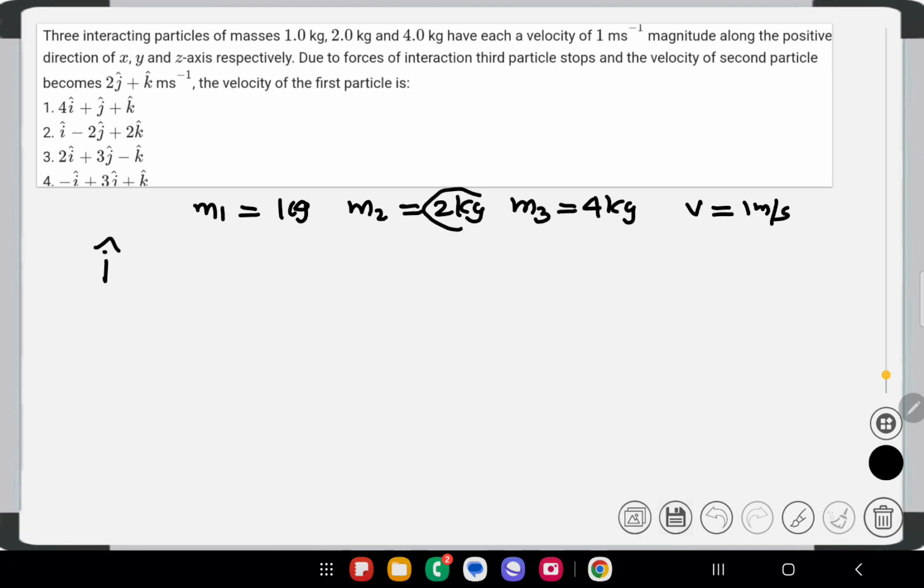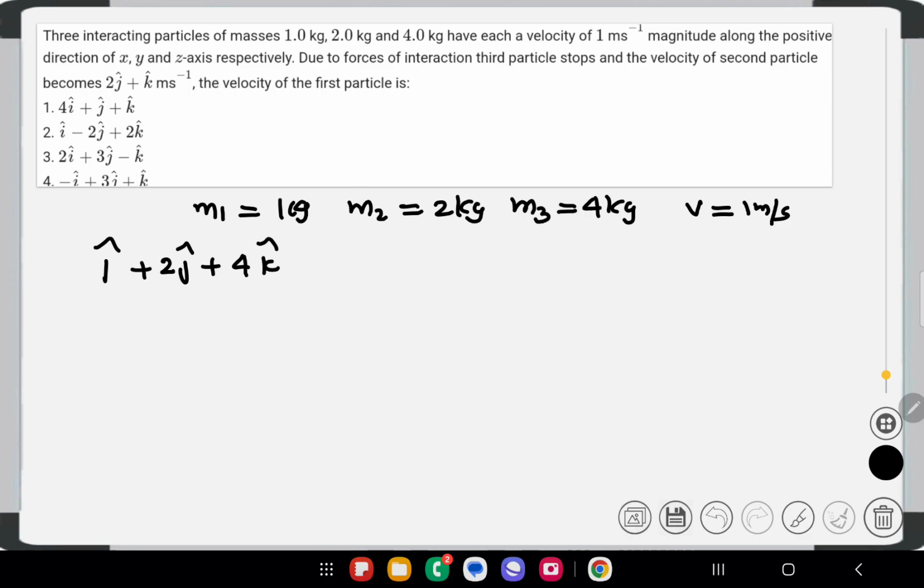The second particle has mass 2 kilogram, velocity 1 meter per second. So 2 into 1 is 2, momentum is 2 j cap because the particle is moving along y axis. The third particle has mass 4 kilogram, velocity 1 meter per second. So 4 into 1 equals 4. The particle is moving along z direction, so it has momentum 4 k cap.